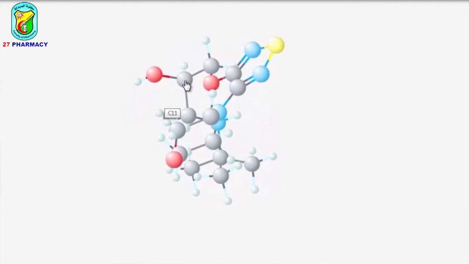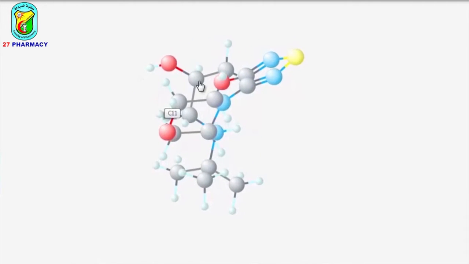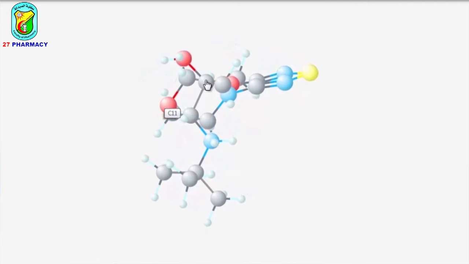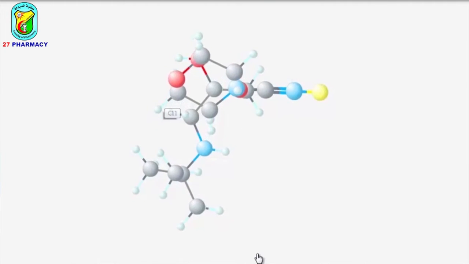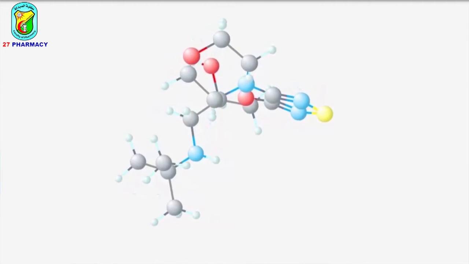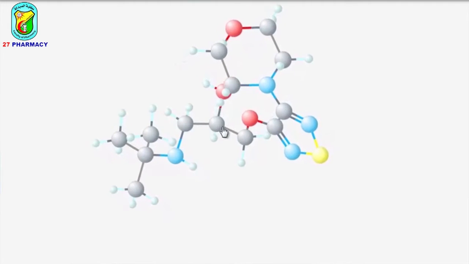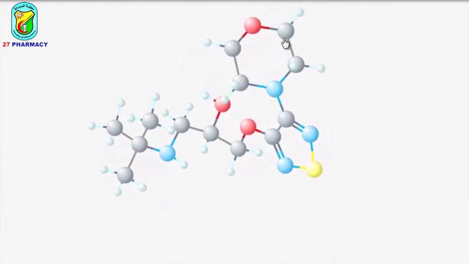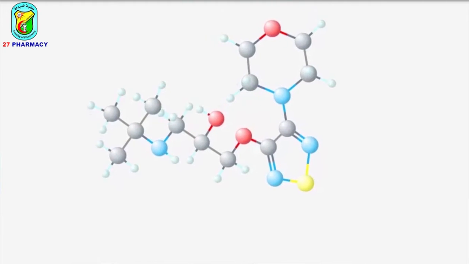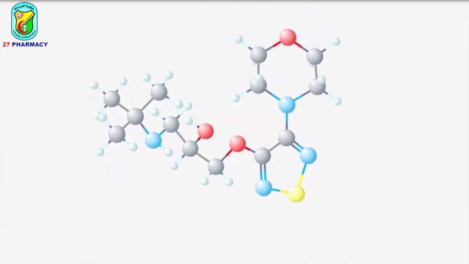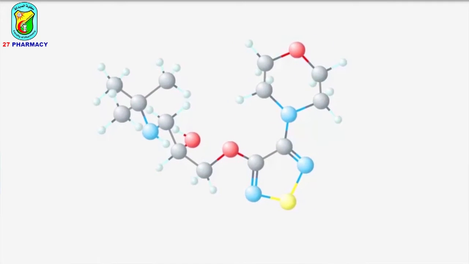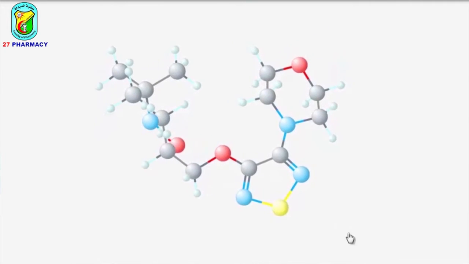The chiral carbon has 4 different groups linked to it, so that is chiral. The remaining carbons are achiral. The absolute configuration is S, which means anti-clockwise rotation.